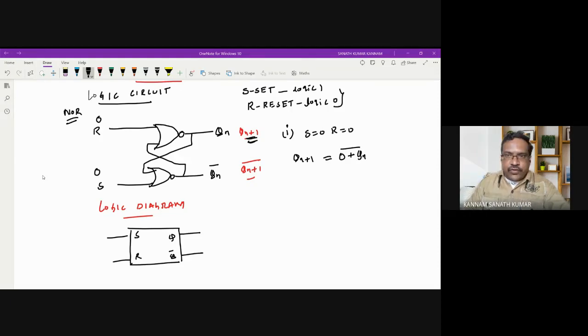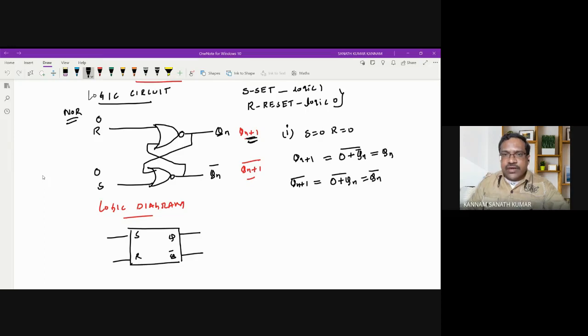So here Qn bar is one input, and what you are getting is nothing but Qn. So Qn plus 1 equal to Qn. And if you observe Qn plus 1 whole bar, it equals 0 plus Qn whole bar. That means you are getting Qn bar.